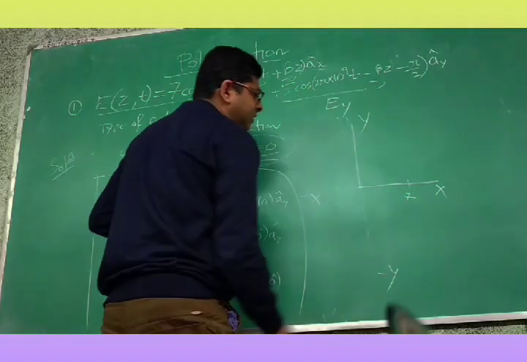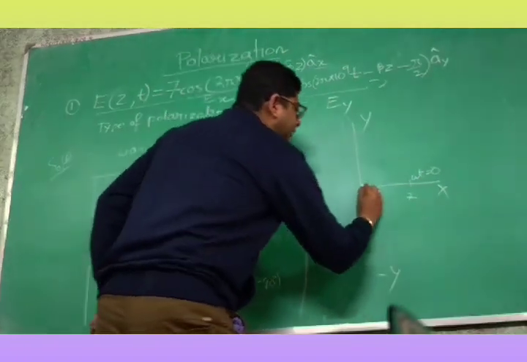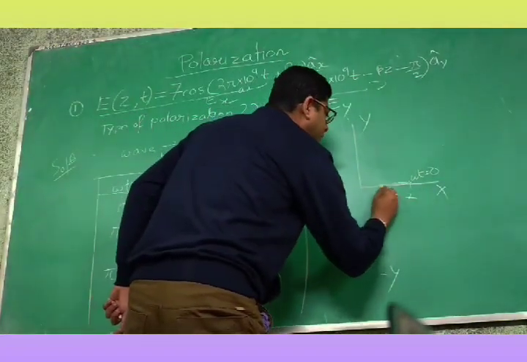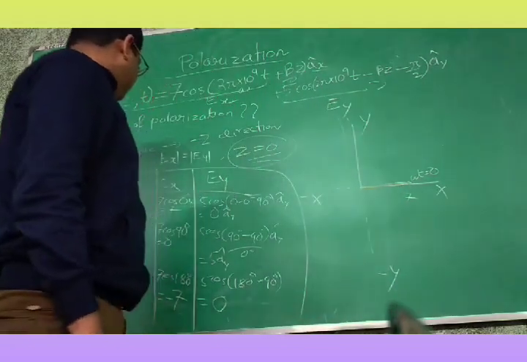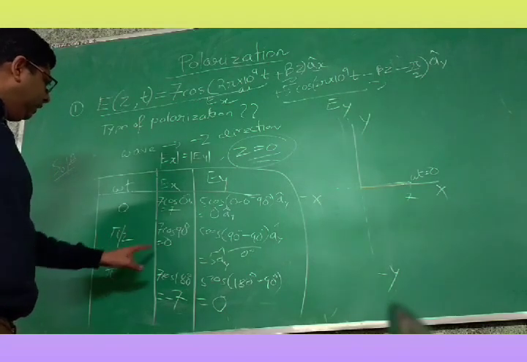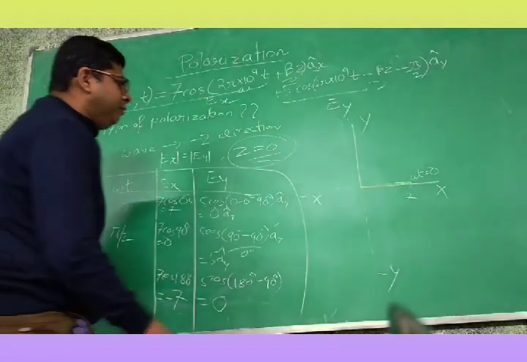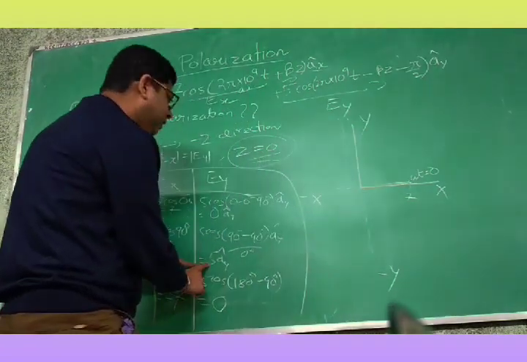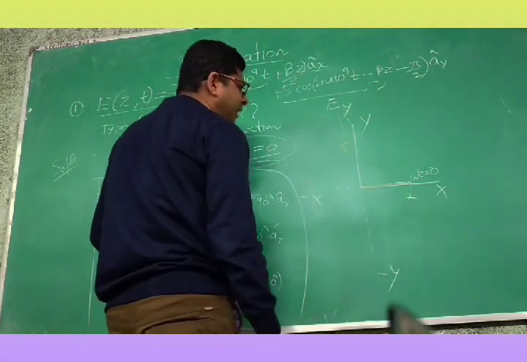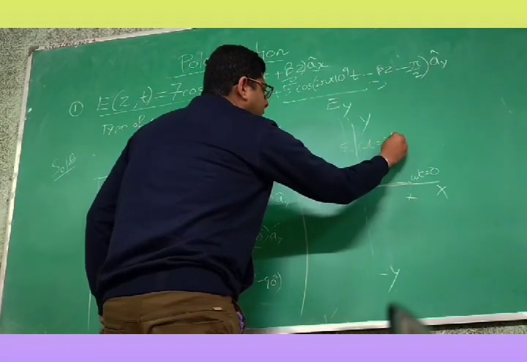Let us say this is 7. So this is at omega t equal to 0, this is your starting point. Now if omega t is 90 degree, Ex is 0 and Ey is 5. Ey is plus 5, so it will be upward. So this is 5, for omega t equal to 90.